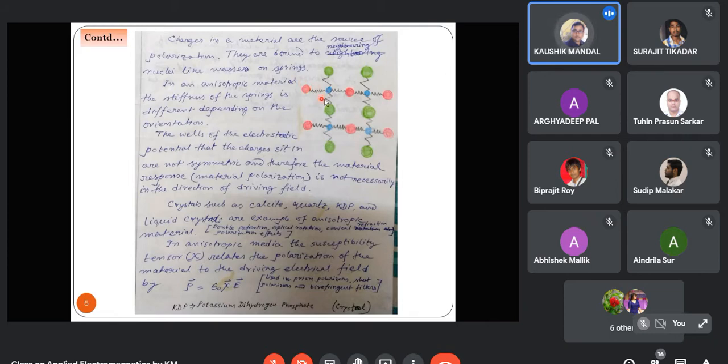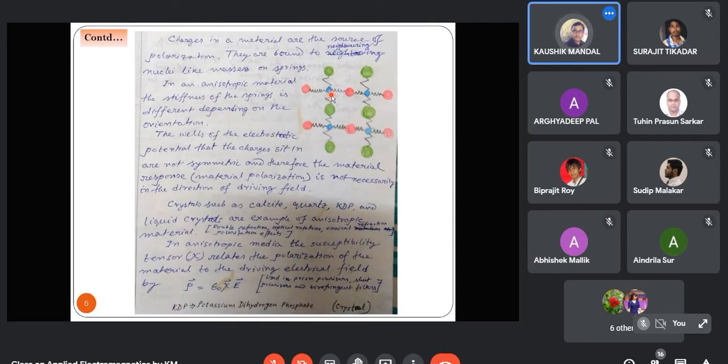The strength of this spring is not equal to the strength of that spring, so the strengths are not the same for all the electric charges.